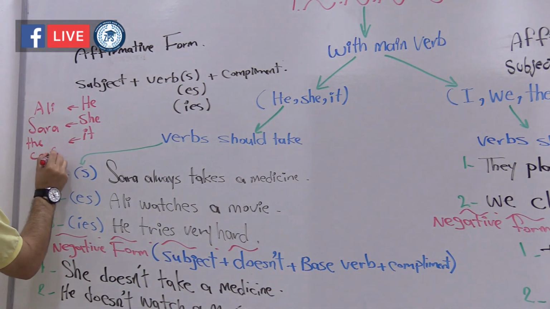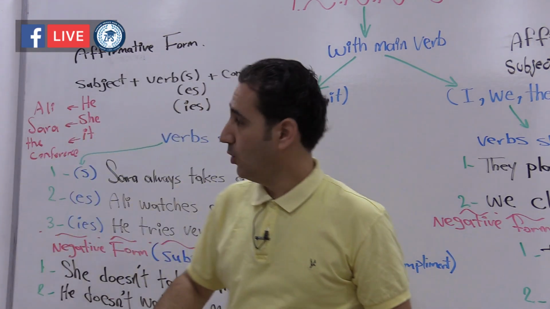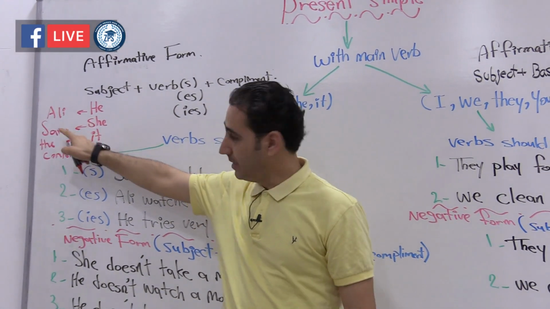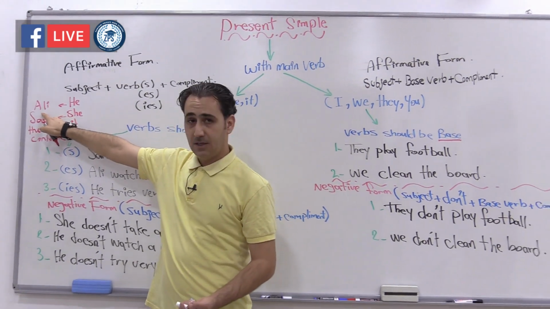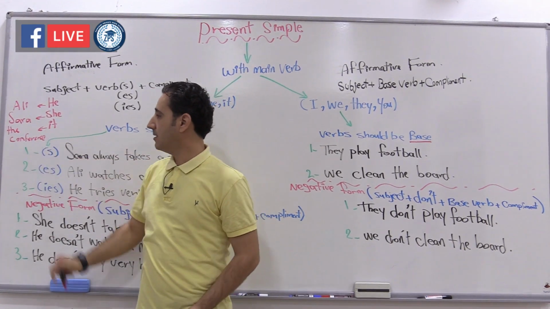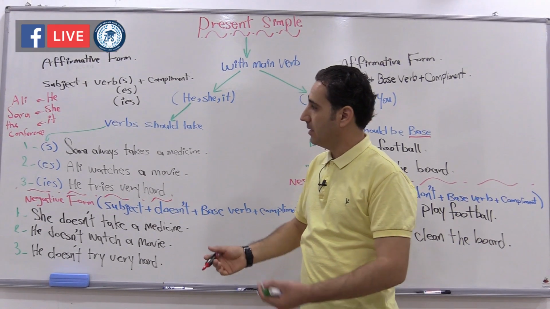These are pronouns. We can use these pronouns instead of the noun. Instead of Ali in the sentence, I can say he, and Sarah, she, and it, also with the apple or the conference, and so on.